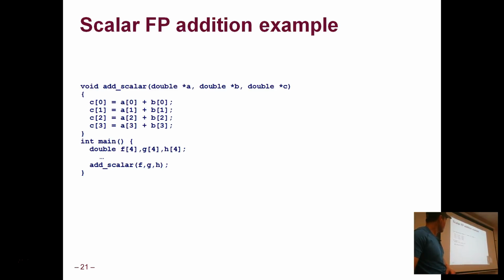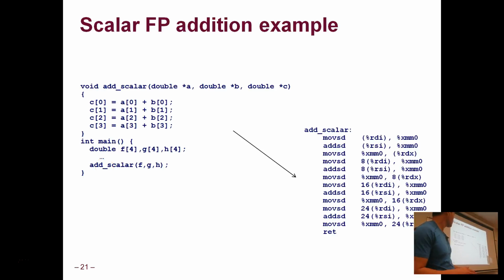Okay, so here is something you can write. Add scalar. It takes pointers to double arrays A, B, and C, and then you write this as scalar additions, and you call add scalar, and you can compile this, and you get the code on the right.